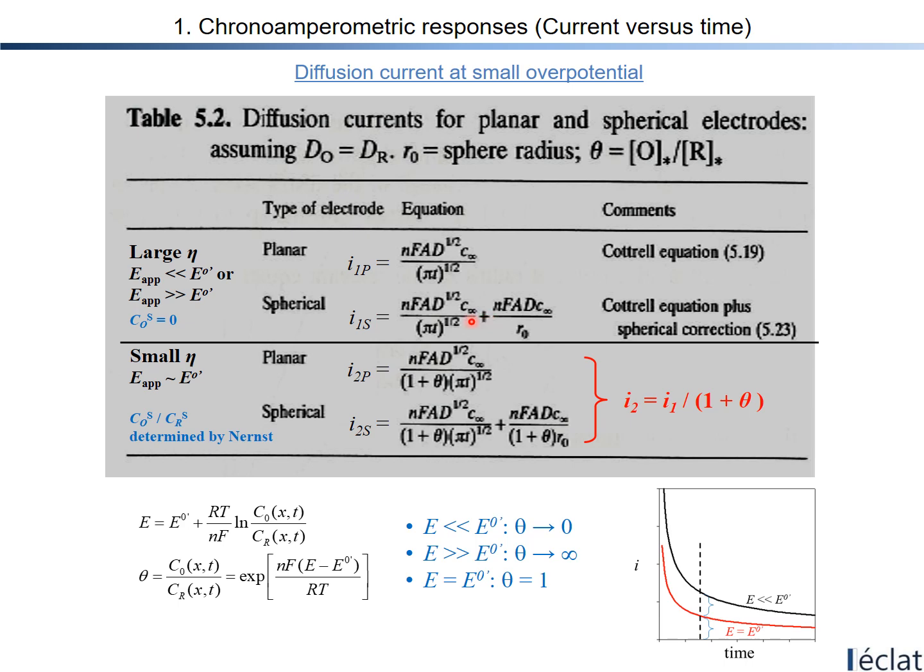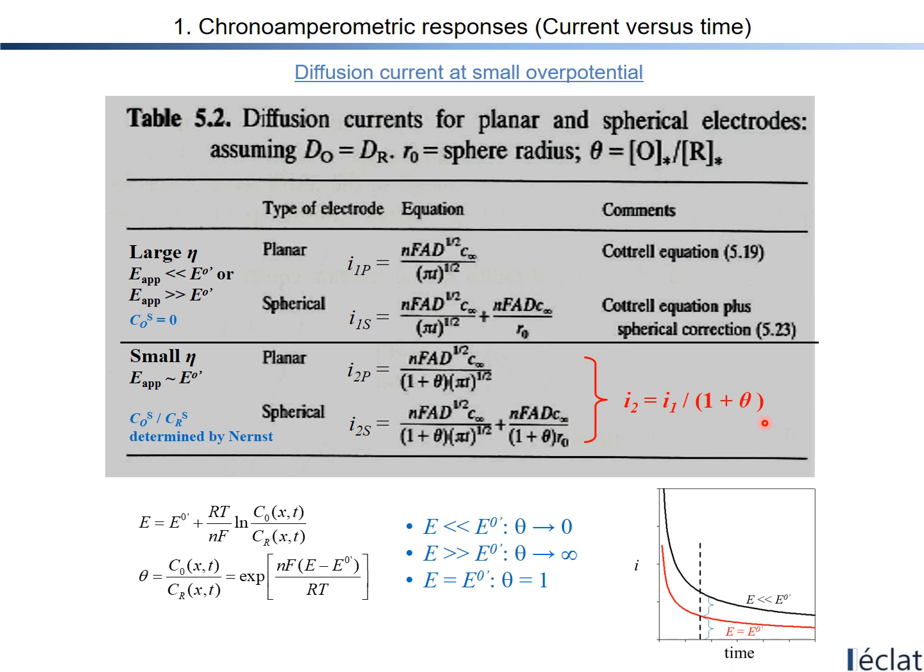This is the first group equation for the spherical. Then in the second group, you could find also 1 plus zeta in the denominator. So I could say the current at small overpotential is equal to the current at large overpotential divided by 1 plus zeta.